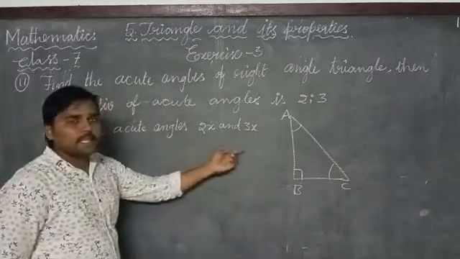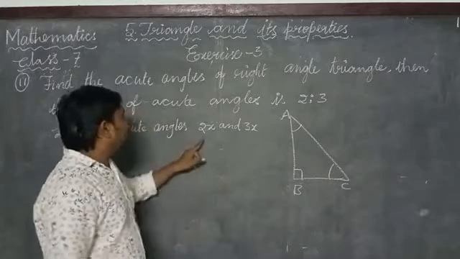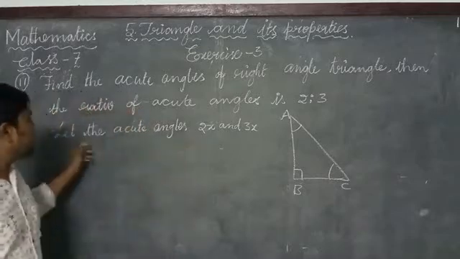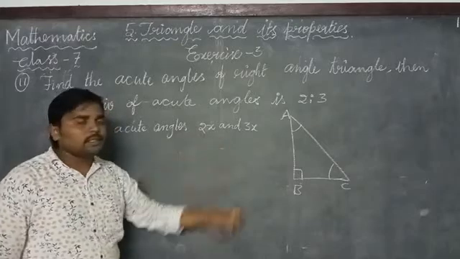Why do they become 2x and 3x? Here they have given the ratio 2:3, so we don't know the exact angles. So let us assume that the acute angles in the right angle triangle are 2x and 3x.